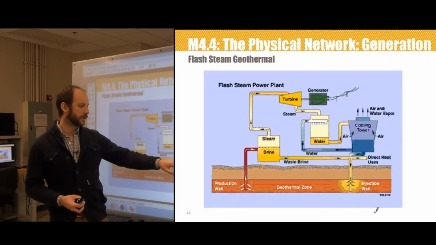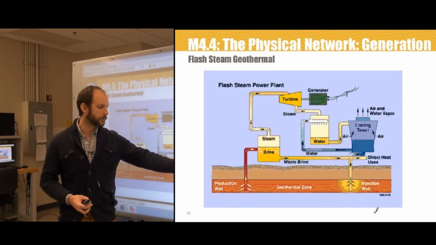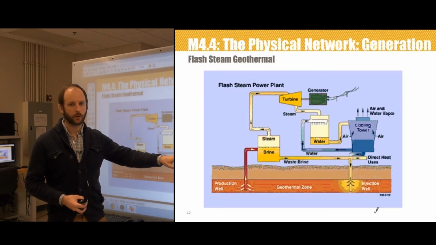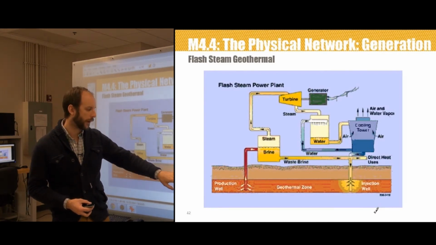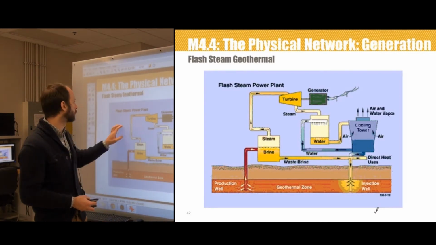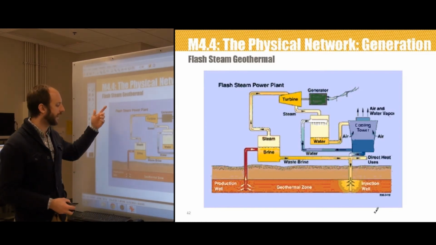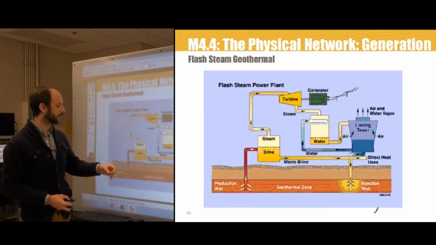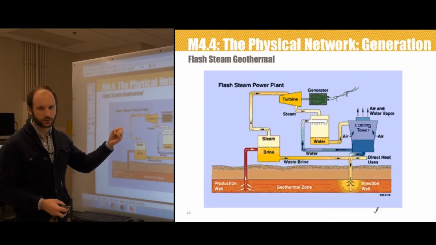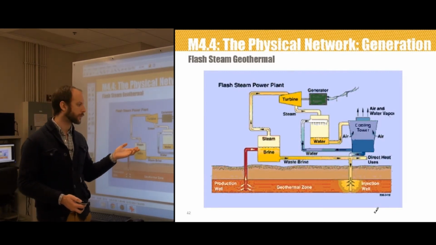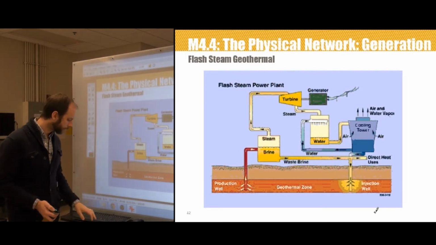This brine is then combined. We may have some direct heat uses from that, but typically what happens is that we just inject all that back into the well, so it's a closed flash steam system. It's called flash steam because as the pressure decreases, this hot water flashes into steam at some low pressure, and we use that steam to turn the turbine.